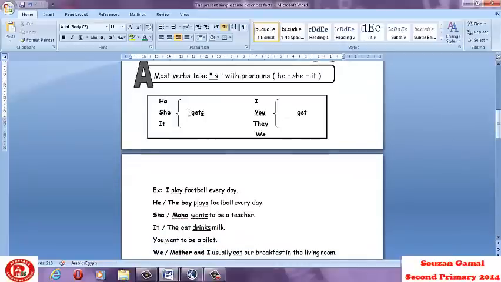I say he gets, she gets, it gets, okay? But I don't say I gets or you gets, because with I, you, we, and they, we don't add any s. So I say I get, you get, they get, we get. I don't say I gets, okay?